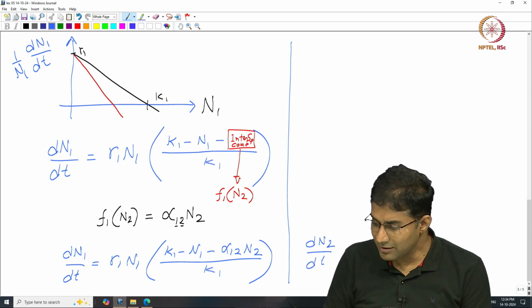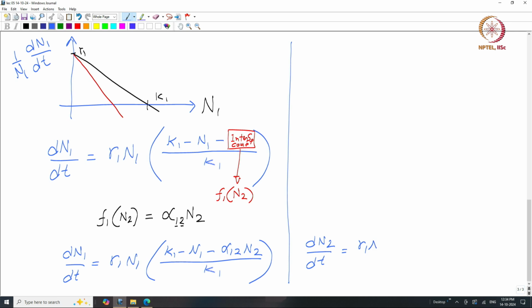So, the logistic term remains as it is. Remember that this new term I am going to write now is the effect of competition. I will write that as alpha 2 1 n 1. Okay.